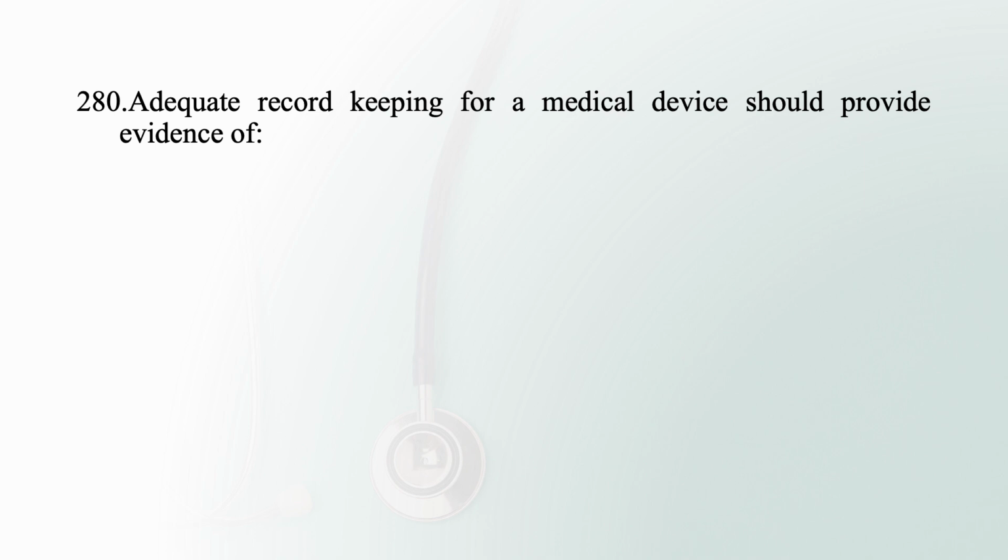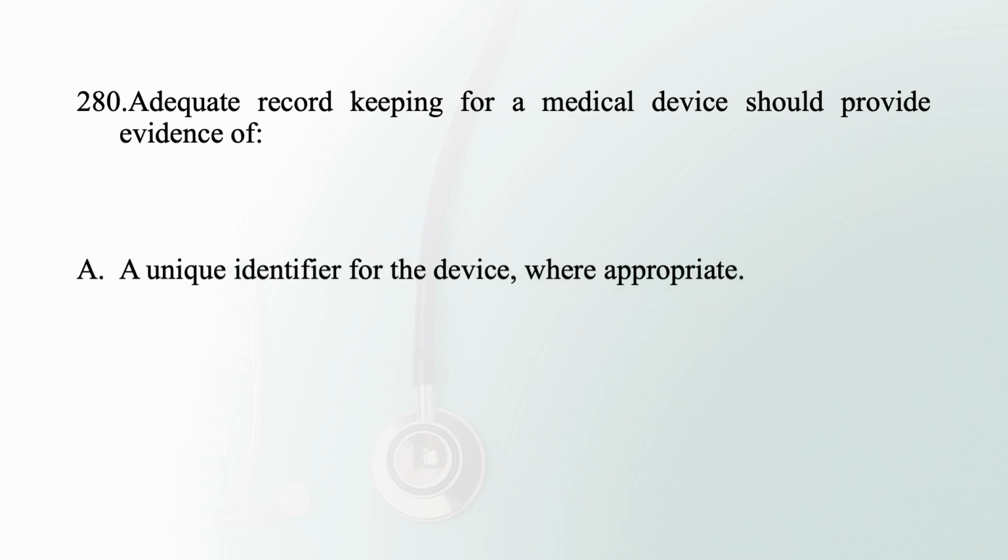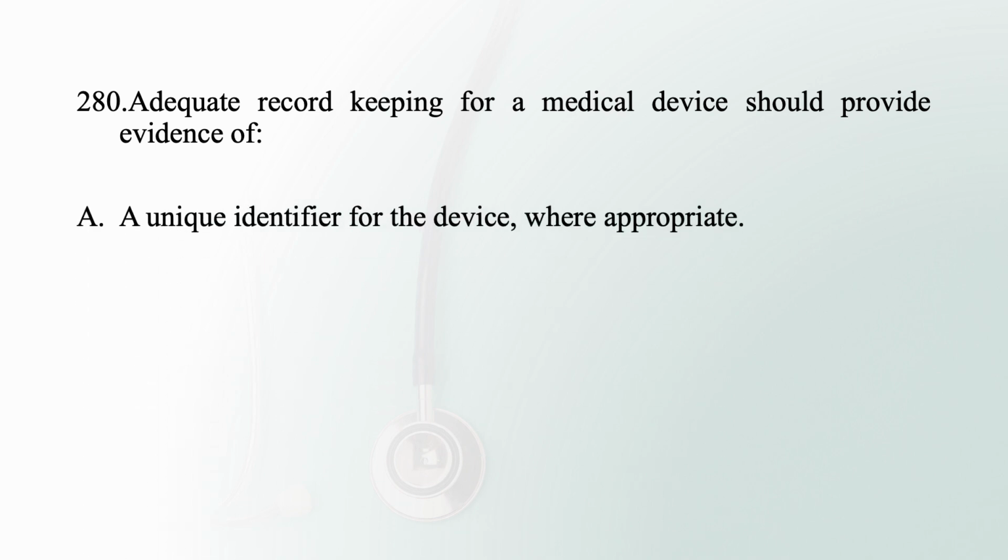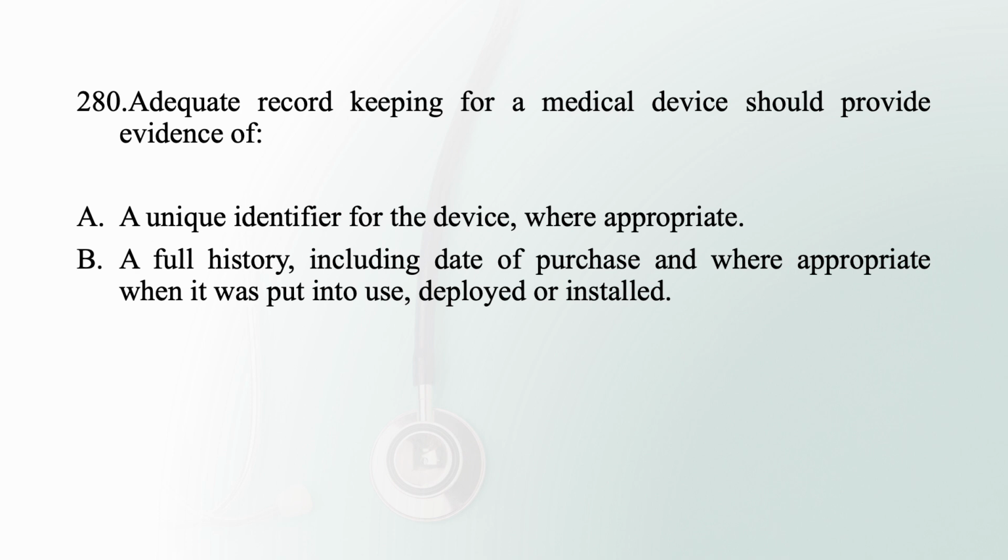Question number 280. Adequate record keeping for a medical device should provide evidence of: Option A: a unique identifier for the device, where appropriate. Option B: a full history, including date of purchase and where appropriate when it was put into use, deployed or installed.